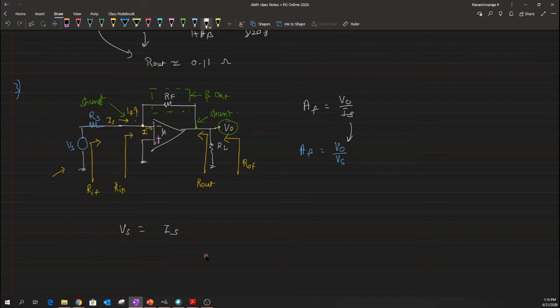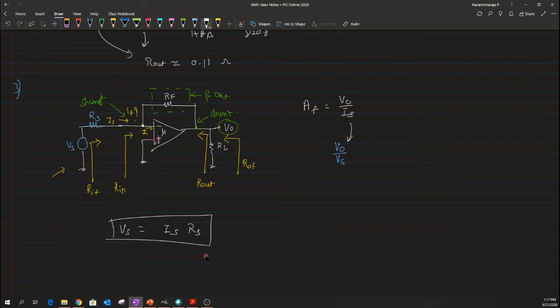I think it's a kind of Thevenin's equivalent voltage component that we need to find. Just the product of Is into Rs will give us the value of Vs. So in a way one could rewrite this gain, which is a new gain. I don't want to write it as AF, but rather I use it as VF.